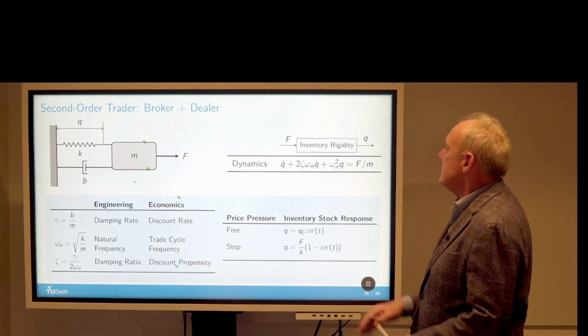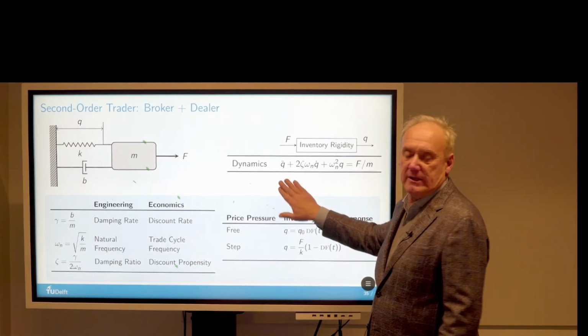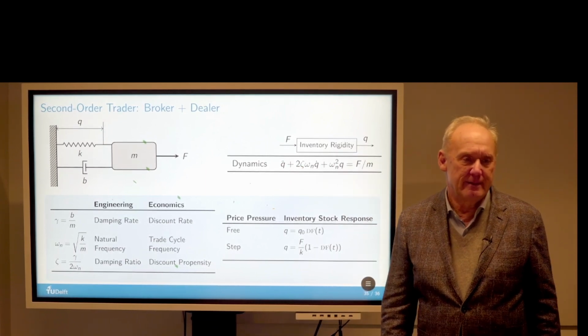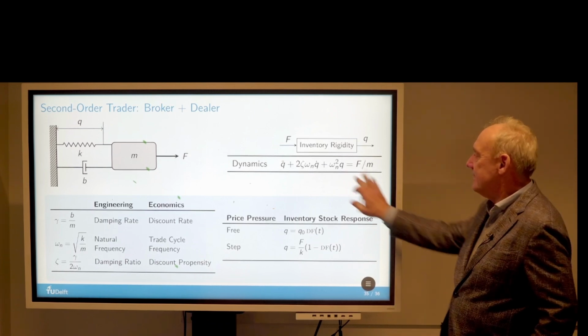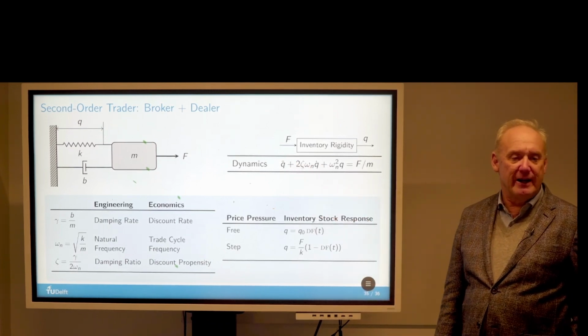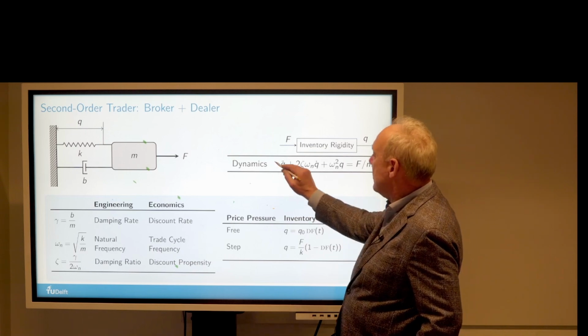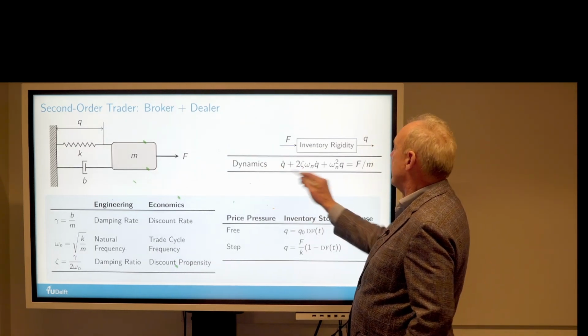Now, I don't need to tell you guys what the differential equation is for this stock. Here it is, right? If you've paid any type of attention, you can dream these kinds of equations. And so I wrote it in standard form. Normally you would have a mass here, and then you would do it out, but I divided by it.